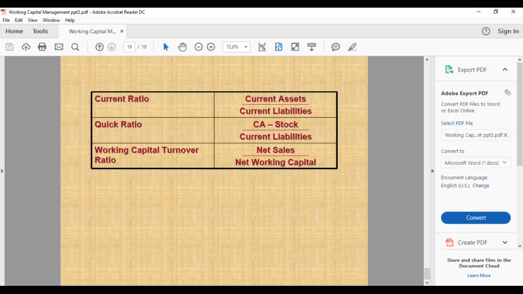Net working capital is the difference between the current assets and current liabilities. So it is simple. You have to give a description of the current assets and of the current liabilities, and net working capital is the difference between them. It's not complicated. Okay, sir, I'll submit it. Okay, so try your best, and we'll see.